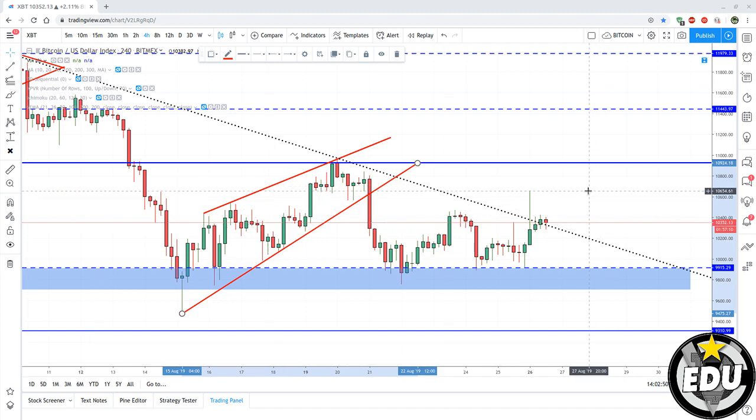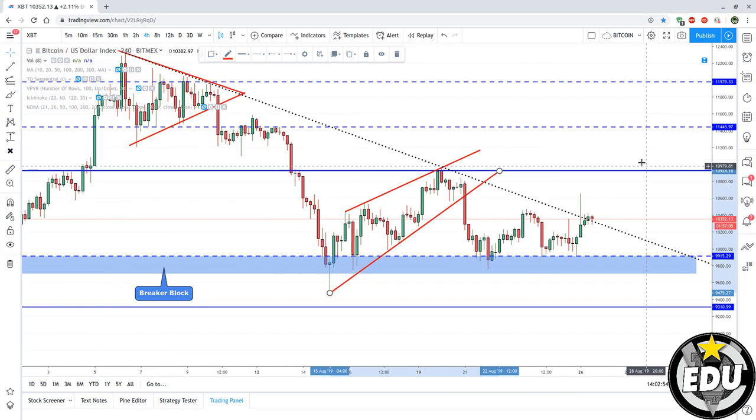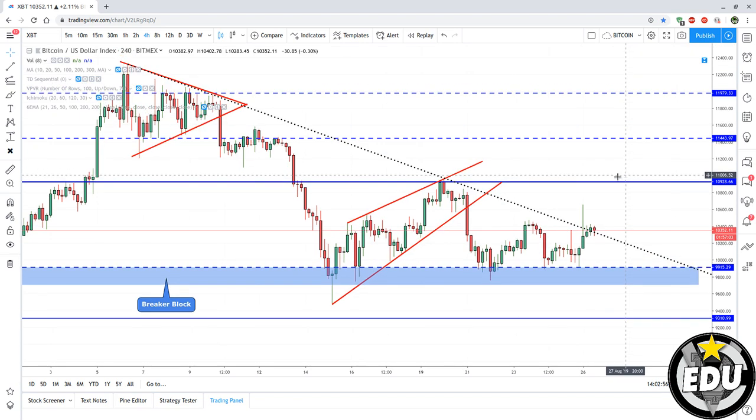Well, that's where we are right now with Bitcoin. You guys know this chart already. We're still, when it comes to the 4-hour time frame, in a downtrend. This is pretty clear. Until we break this last swing high, we'll still be in a downtrend.